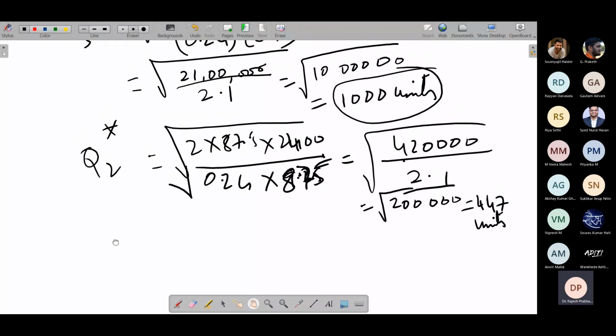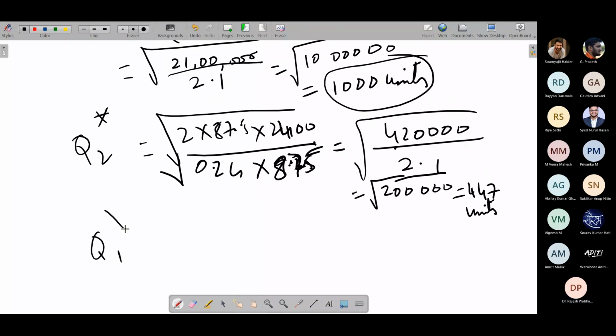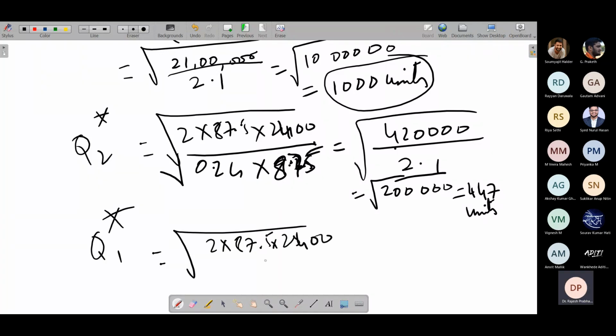So for Q1, it is root of 2 into 87.5 into 2,400 divided by 0.24 into 10.